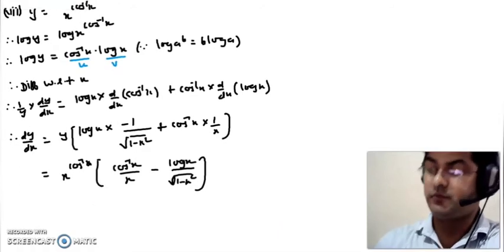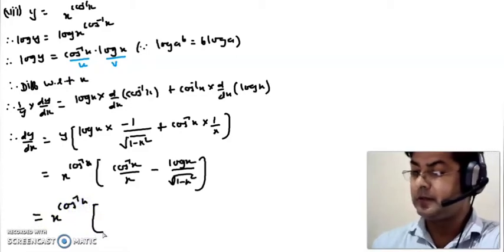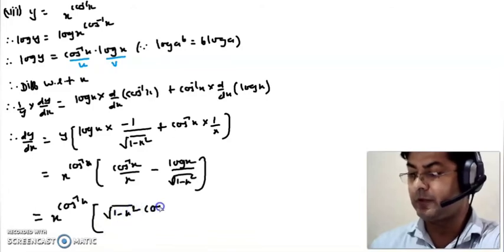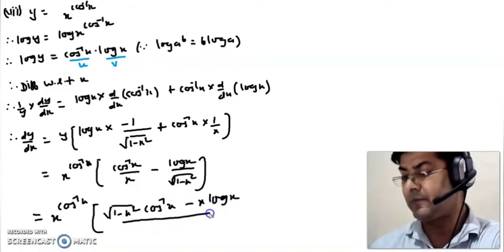Is equal to x raised to cos inverse x into square root of 1 minus x square into cos inverse x minus x log x upon x into root of 1 minus x square.